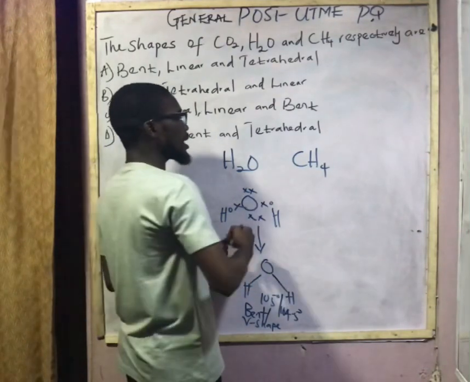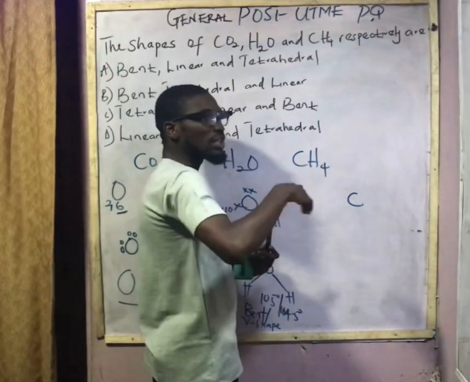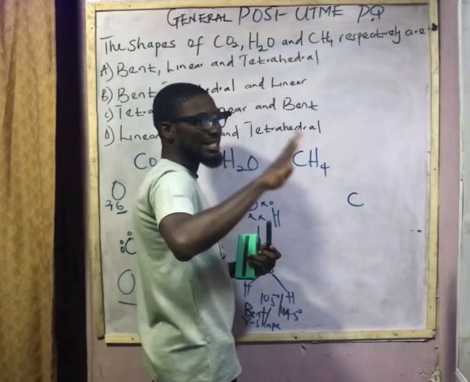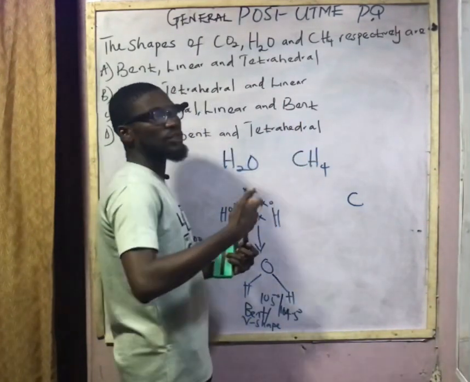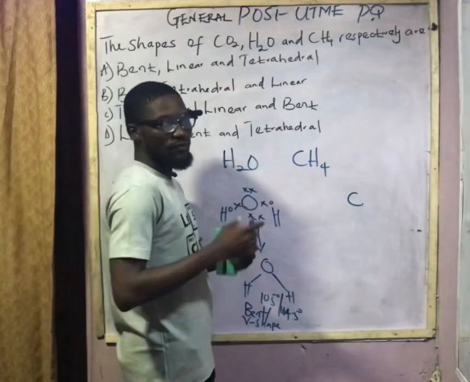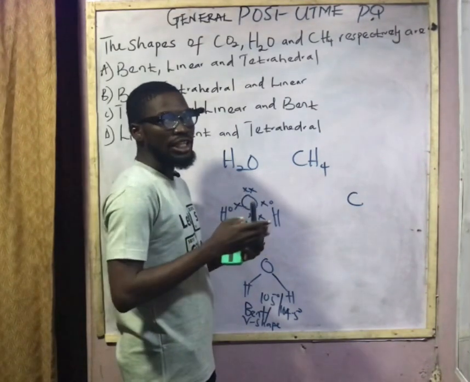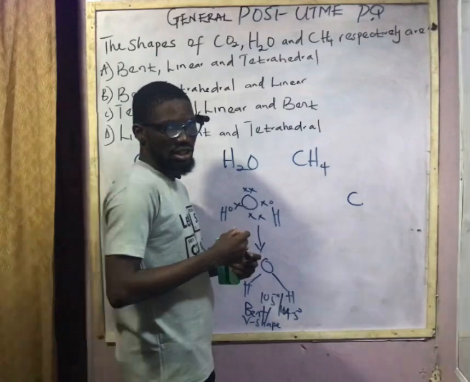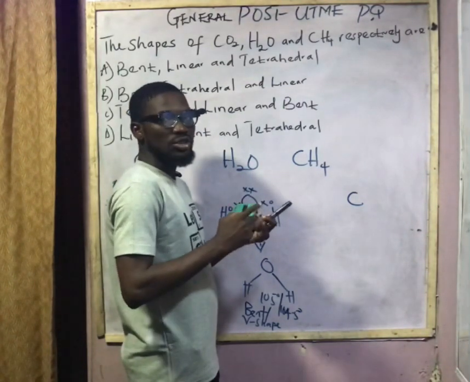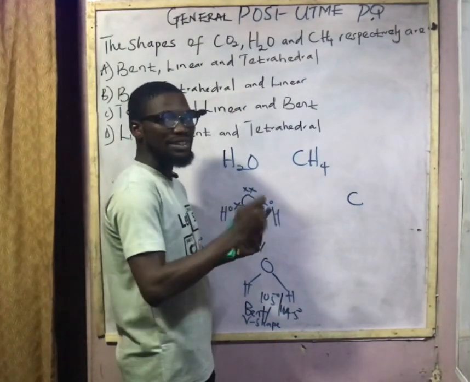And the last one is methane. For this methane, the outer electron of carbon is 4. And carbon will be represented as the central atom. If you have come across some of my videos in which I explain VSEPR, valence shell electron pair repulsion, it guides you to deduce your bond angle, to deduce the central atom, and to deduce the shape of the compound.